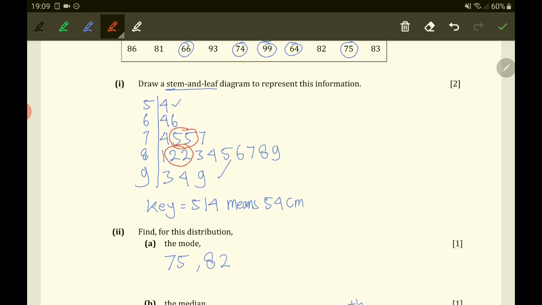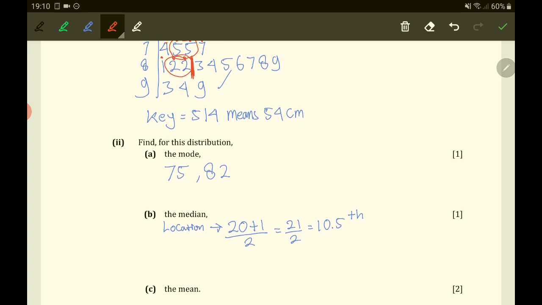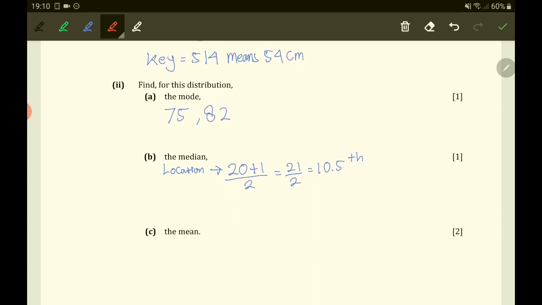We count 1, 2, 3, 4, 5, 6, 7, 8, 9, 10. So 10.5 is between the 2 and the 3, which is actually 82 and 83. So between 82 and 83 is position 10.5.